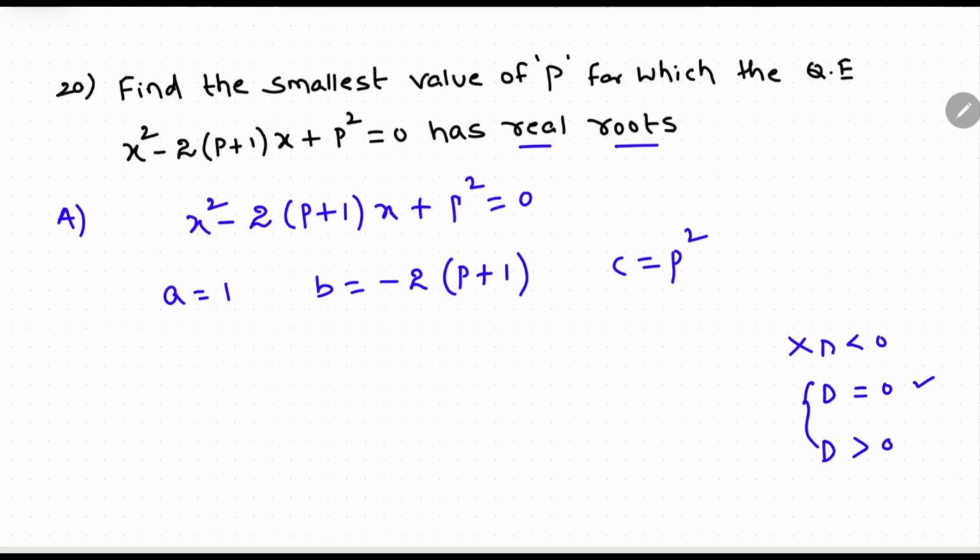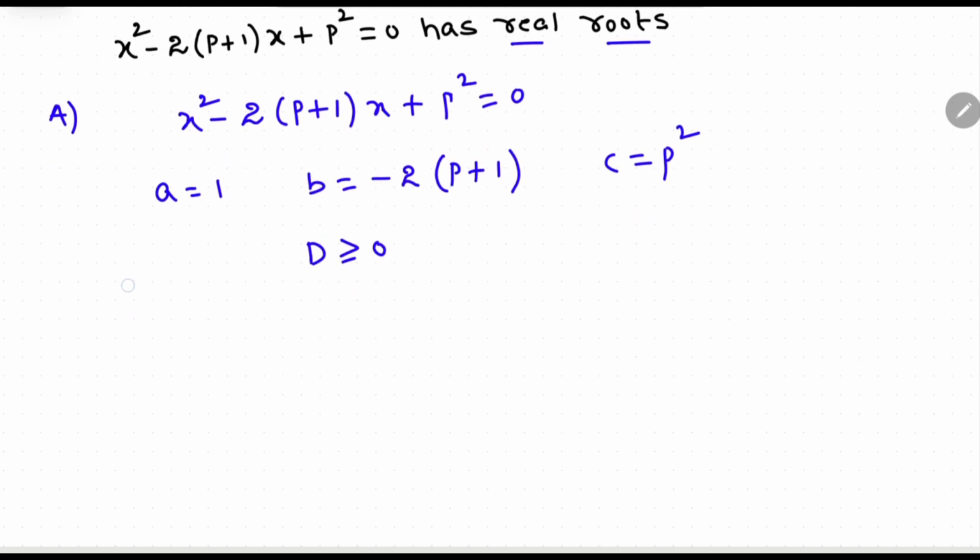Now what is given there? The roots are real, so I'm writing this d value will be greater than or equal to 0. But we have the d formula. What is the d formula there? B square minus 4ac greater than or equals to 0.